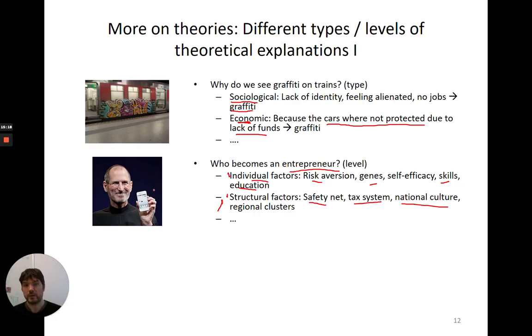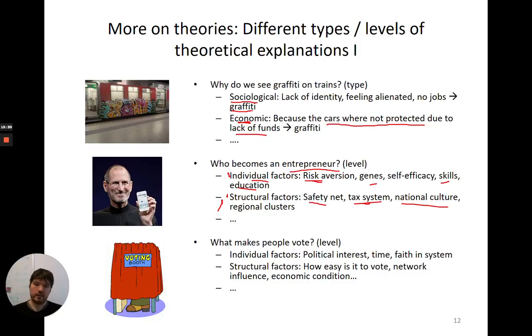Of course, we can do both. Maybe it's a mix. Maybe certain kinds of genes, or risk aversions, only really matter in certain tax systems. Who knows? These things could be interconnected. Again, we can come up with more examples that illustrate the same things.